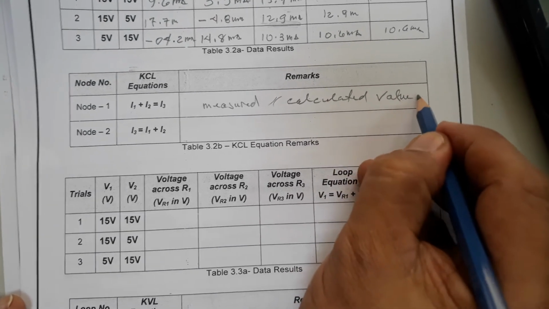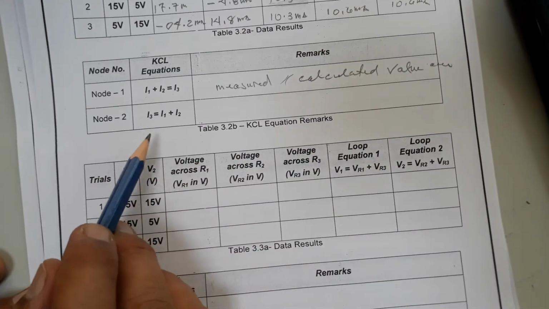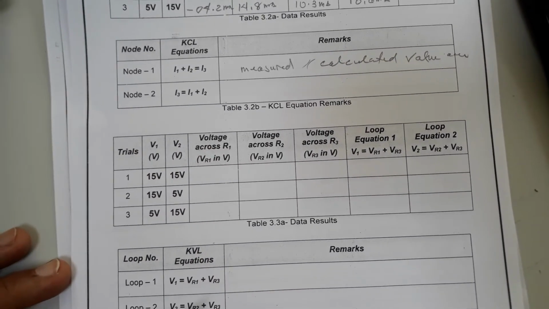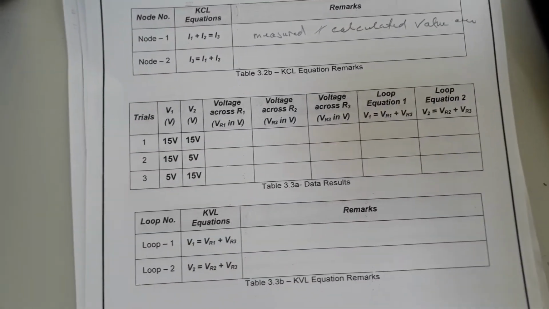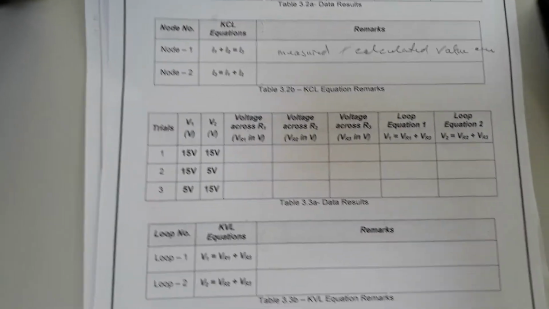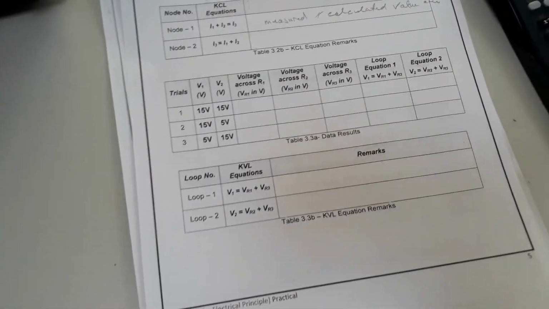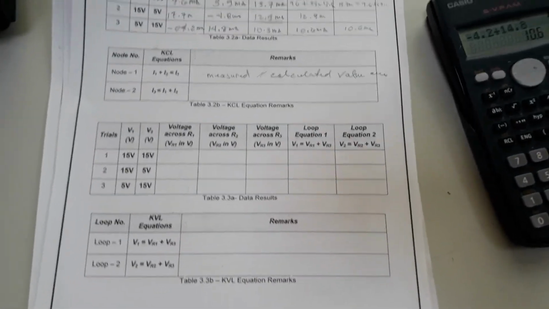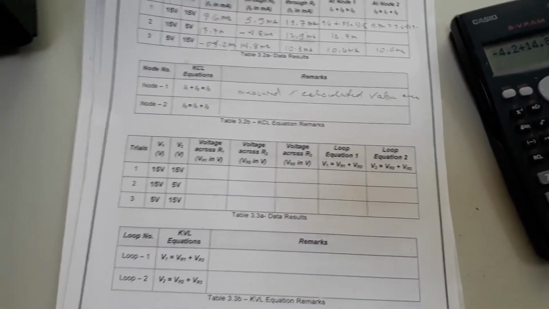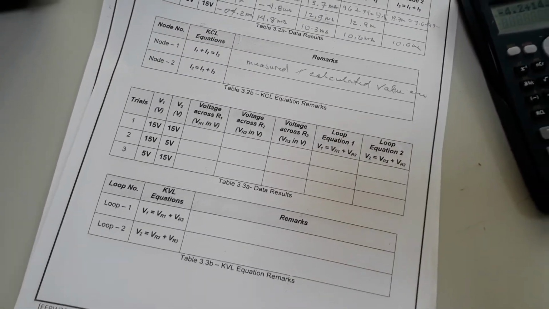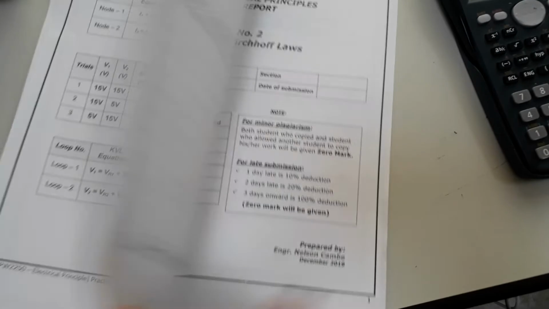Okay, values are the same. So, the same with the node 2. So, this is now experiment number 2, part 1 of experiment number 2, which is the KCL.